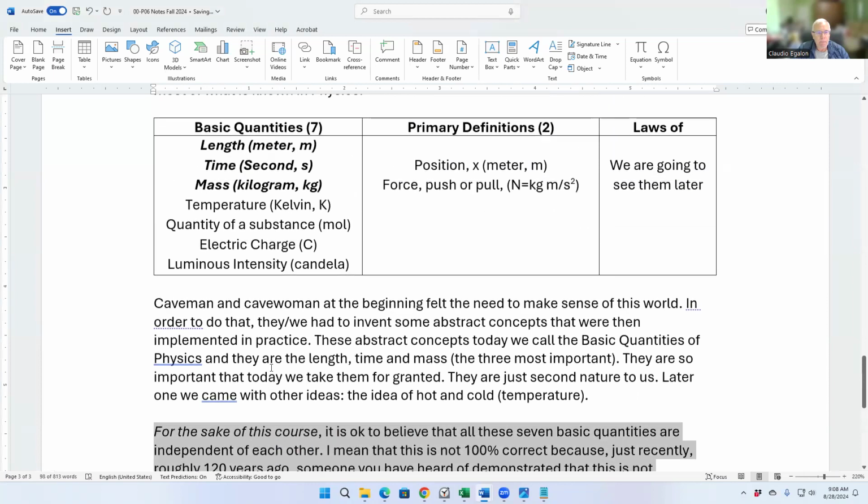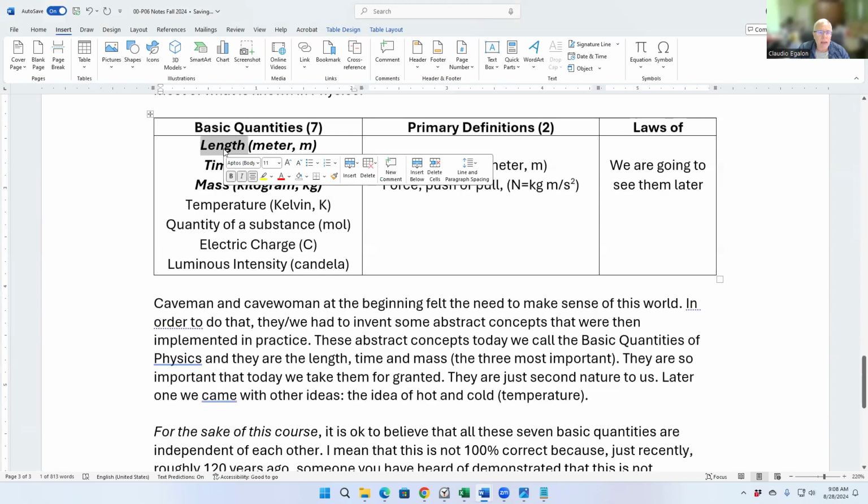Okay. So for the sake of this course, we can say that the length is the same whether your ruler is moving with respect to you or is at rest with respect to you. Okay, so that's what Einstein discovered at his time.